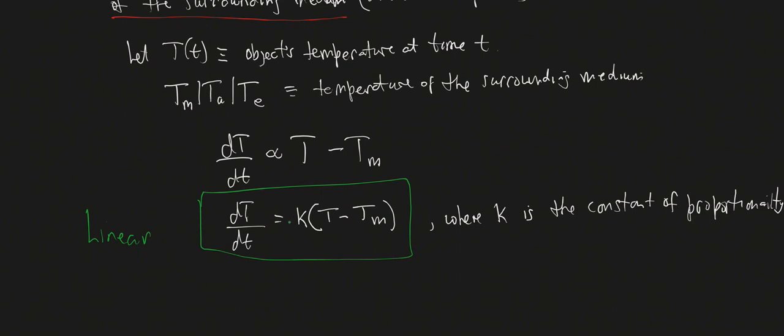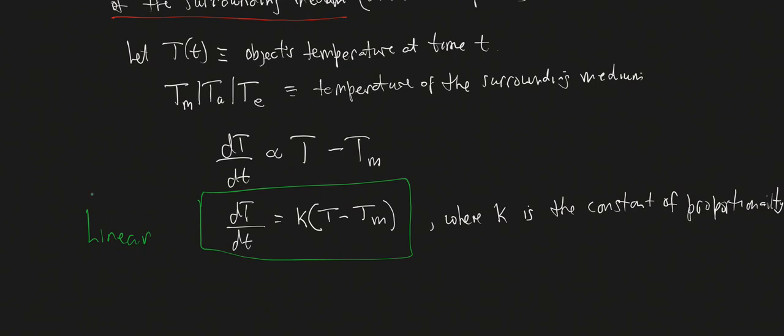In fact, it's autonomous. In fact, let's list all the different classifications of this. Actually, now that I think about it, the only thing we can say for sure is that it's always linear. Depending on the temperature of the medium, it might also be separable, and it might also be autonomous, right?